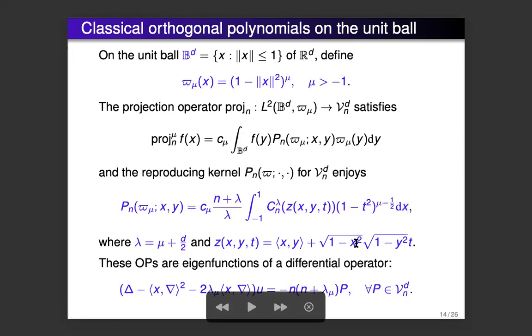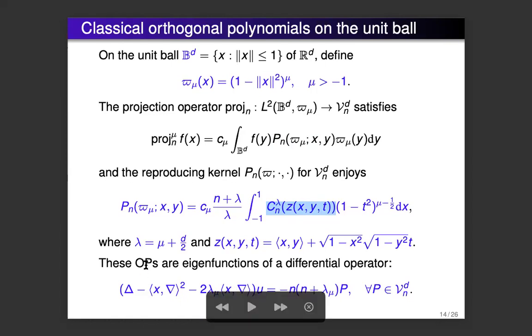Sorry, x norm squared. So you write down this thing, you simply integrate it. Most important part, this is a one-dimensional thing. So your whole messy sum comes out to be a very, very simple form. And this is the key for our study of orthogonal series on the ball.